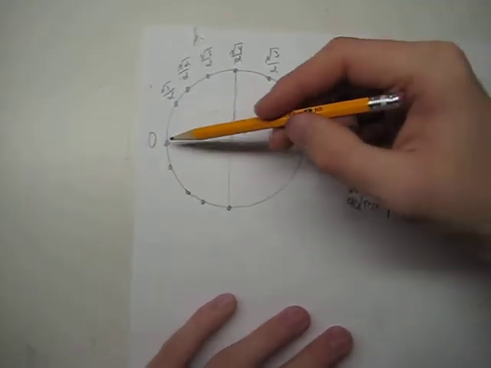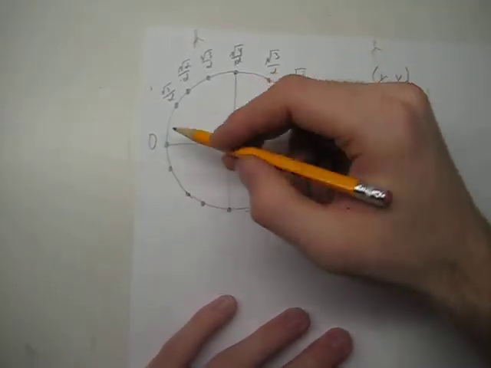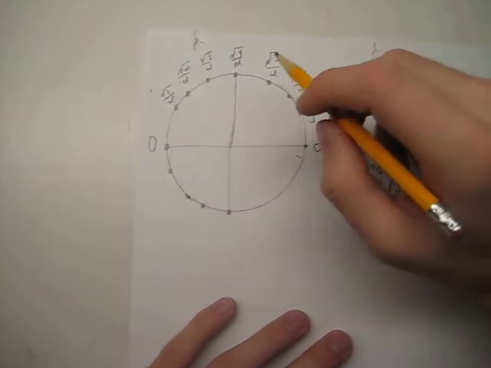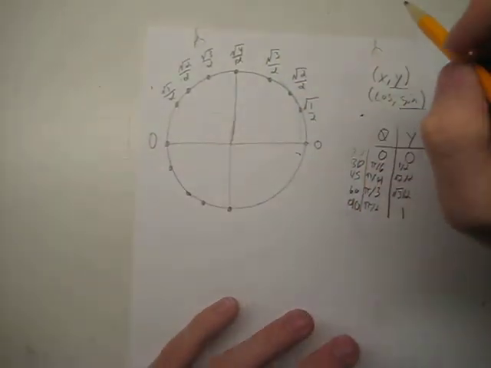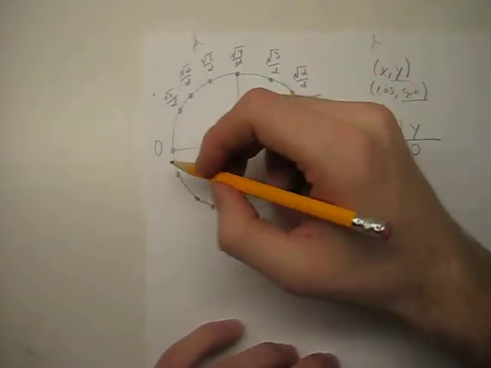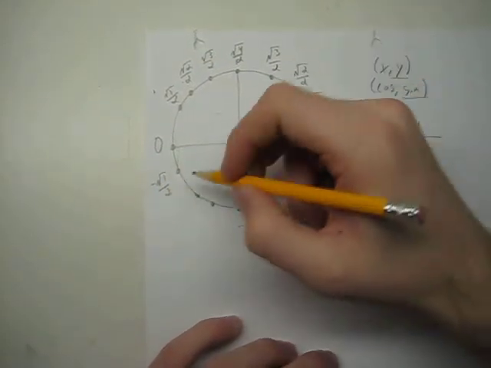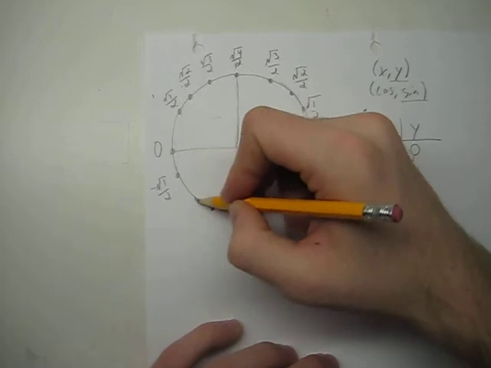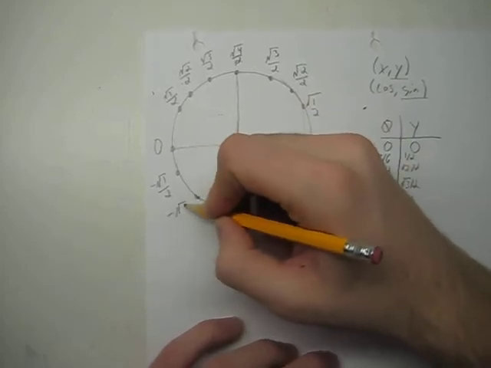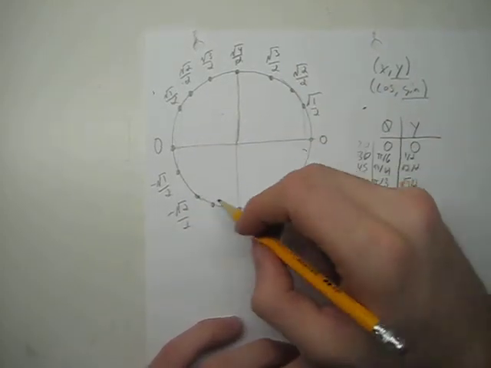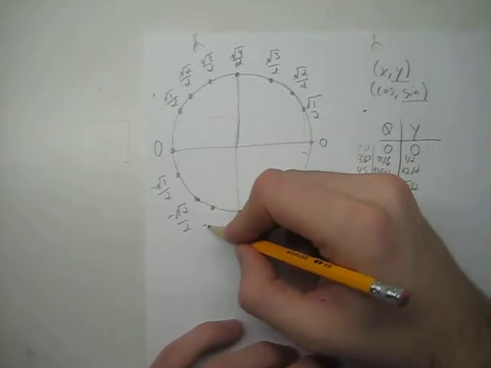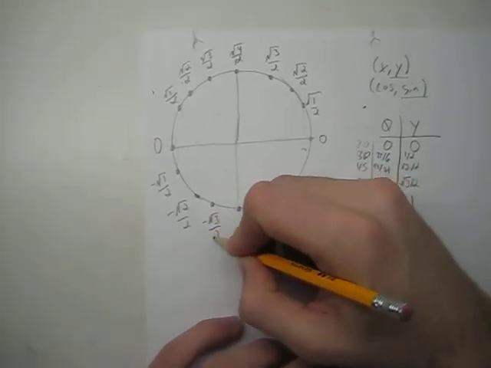Now, the distance from here to here is the y value. And that value is negative square root of 1 divided by 2. This one is this distance, which is negative square root of 2 divided by 2. This one is this distance, which is negative square root of 3 divided by 2.